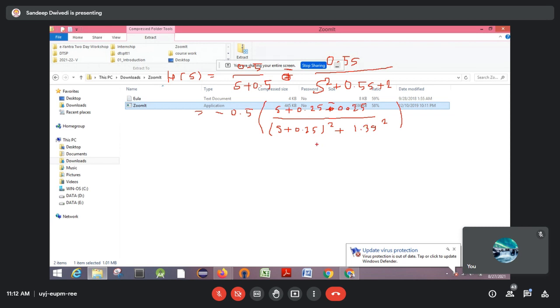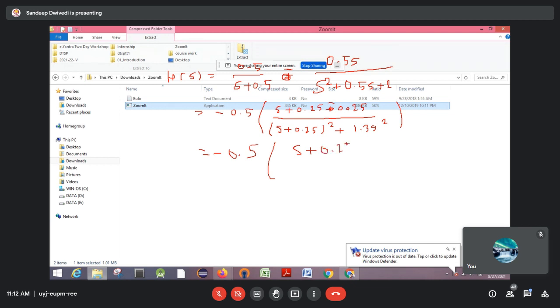Okay, now again you need to rearrange this term into brackets. While arranging this, this will be simply 0.5. Okay, so 0.5 in one bracket, you can write this as a s plus 0.25.